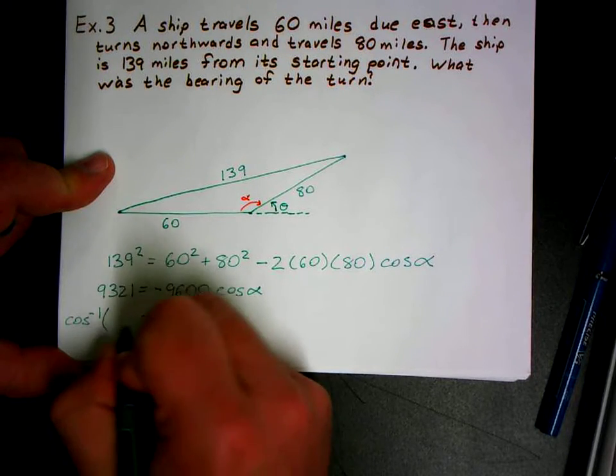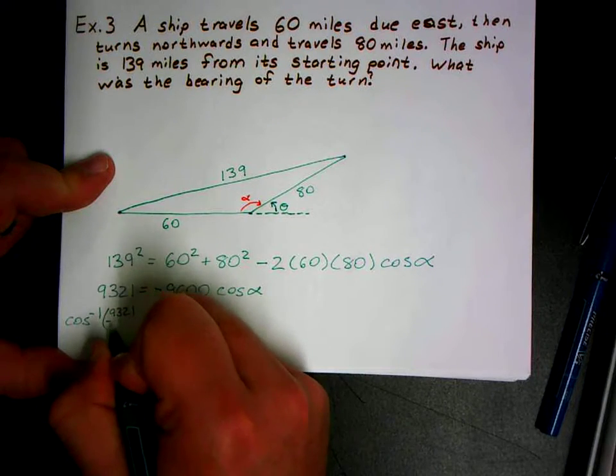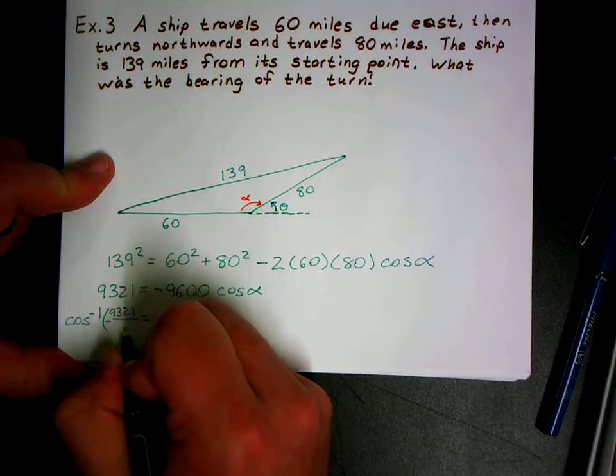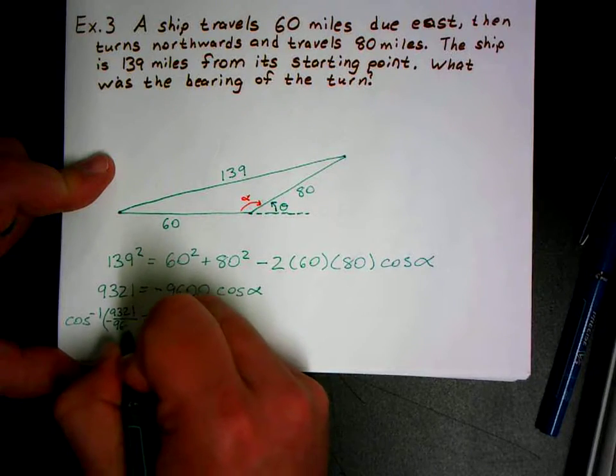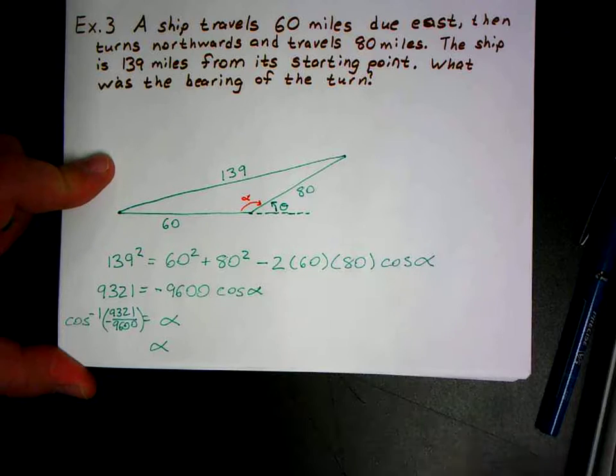So arc cosine of negative 9,321 over 9,600. So alpha equals, where? Up here?